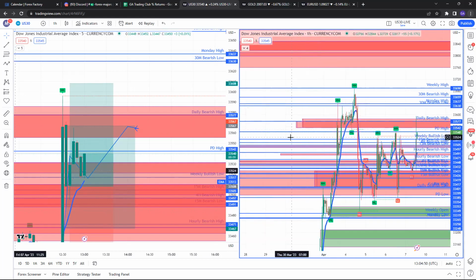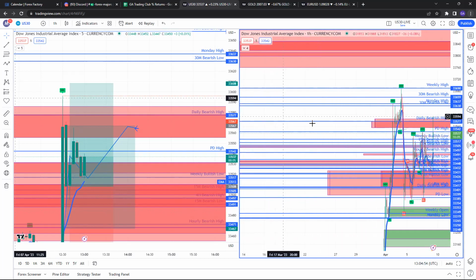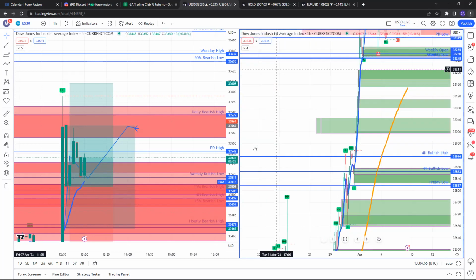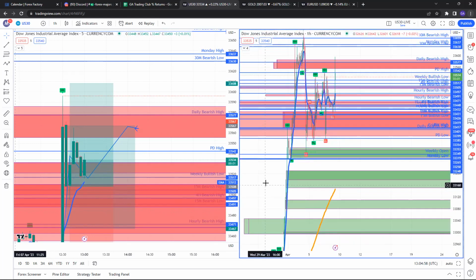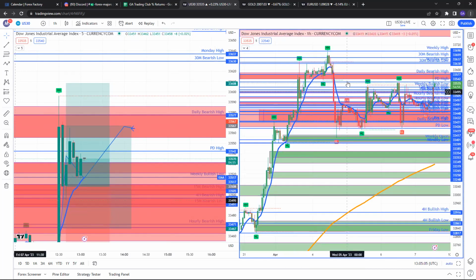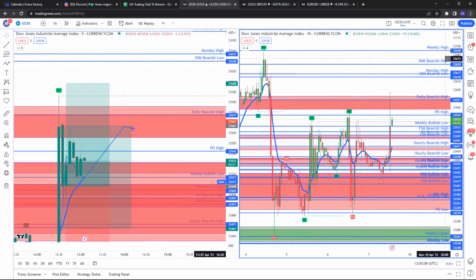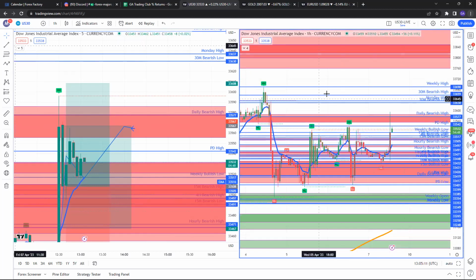Scrolling further to the left. Okay, but keep in mind overall, even on the hourly time frame, we do have a big structure to the downside that still needs completion. I'm trying to see where they can grab liquidity.